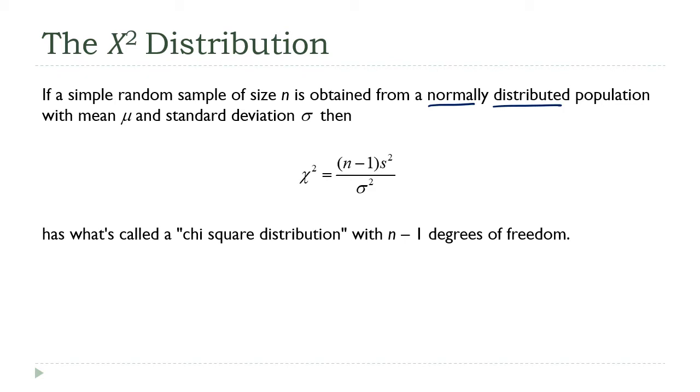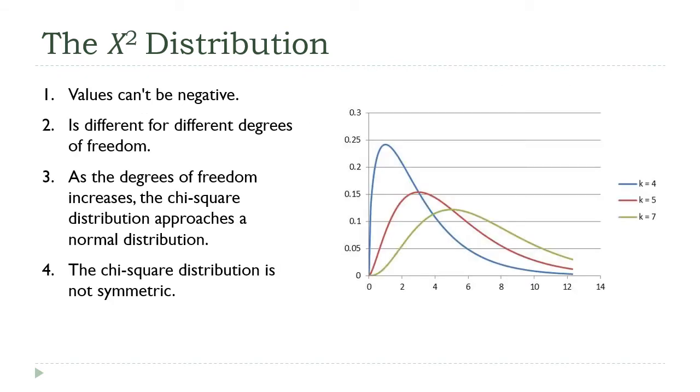The original population has to be normal or we're just out of luck. Right, and we've got this formula here. That's going to be useful later on for turning a statement about the variance into one about the actual standard deviation.